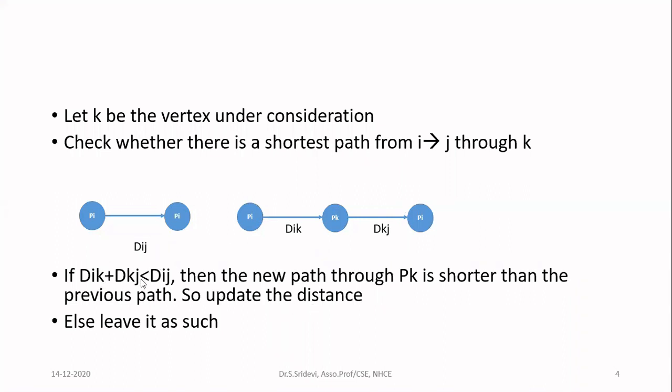If this is not true, if the direct cost is less, then you leave the distance as such. So every time we consider a vertex K, we will check whether we are going to update the distance or not. To decide, we consider whether the cost of reaching from node I to node J through the node K is less than the already existing cost. If so, update the cost, or otherwise just leave it as such. This is how we are going to proceed.